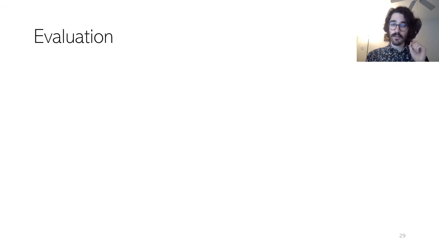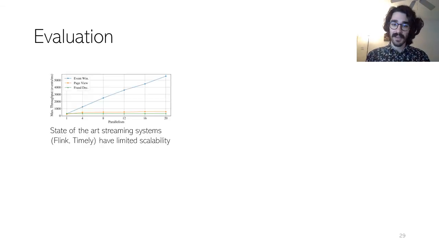And so now I will also briefly give you a hint of what we have in our paper's evaluation. We have several things. First of all, we show that state-of-the-art streaming systems like Flink and Timely have limited scalability in stateful applications that require synchronization.